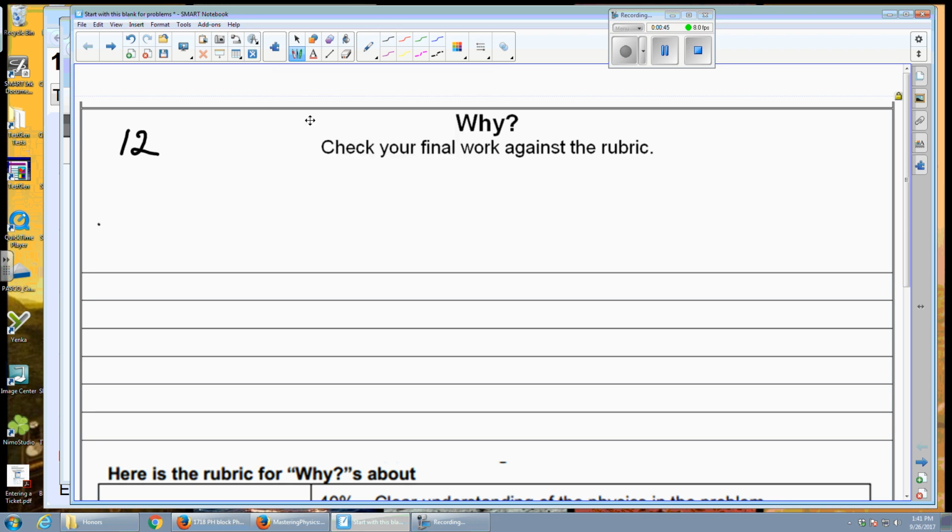So our why should show our understanding of relative velocity and frame of reference. So let's see. How about: each car's velocity depends on the frame of reference.